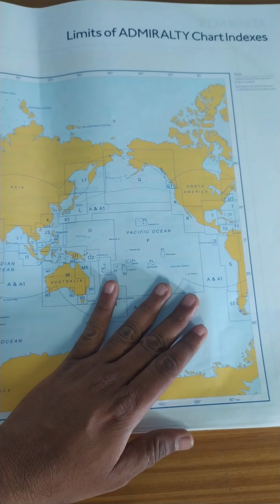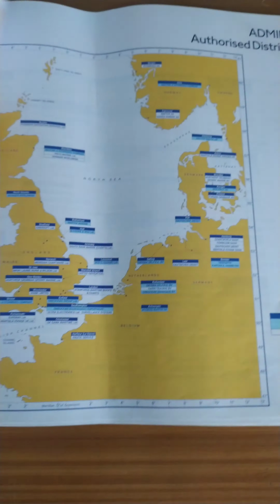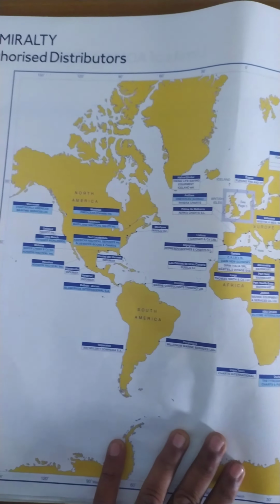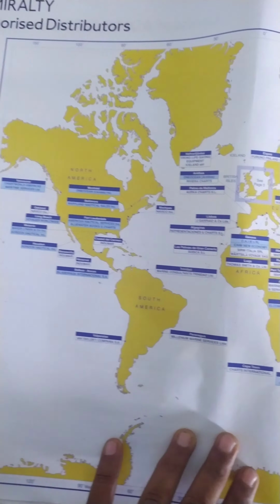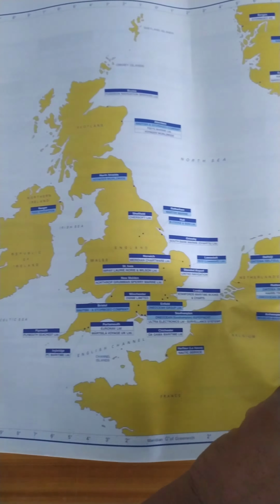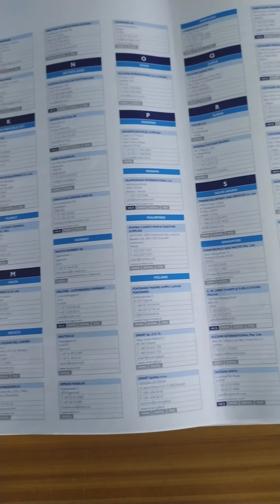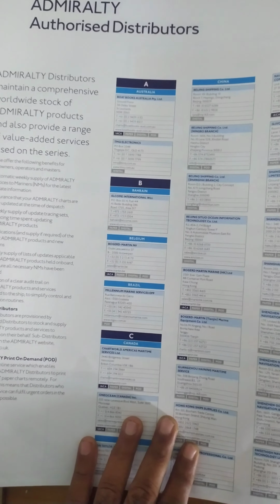This is only giving you the limit of the charts. Next comes the authorized distributors, the list of all the authorized distributors for the Admiralty services. Next comes the distributors explained, their contact and office details.